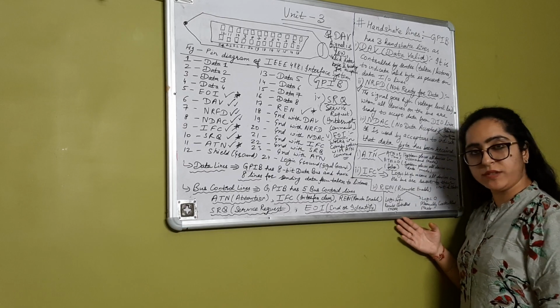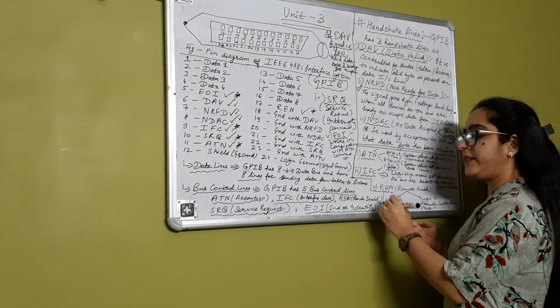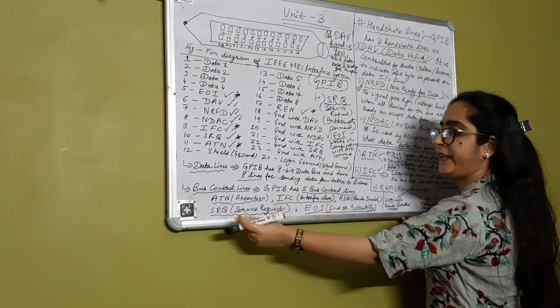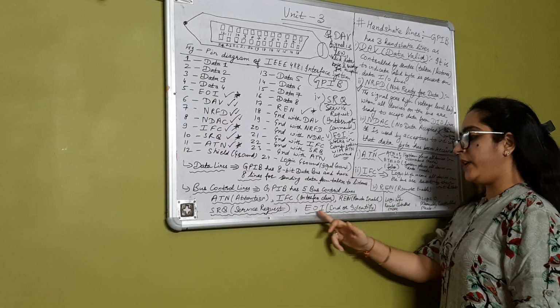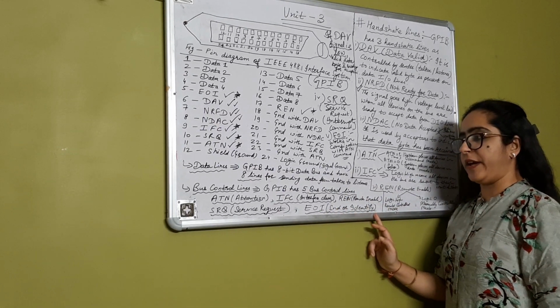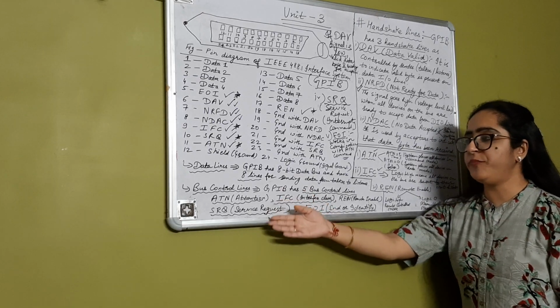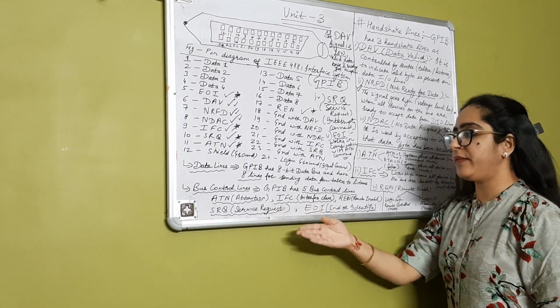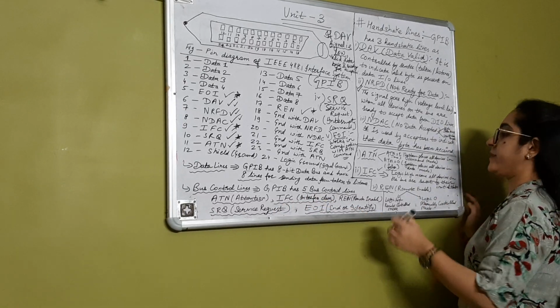ATN is attention, IFC is interface clear, REN is remote enable, SRQ is service request, and EOI is end or identify. So there are a total of 5 bus control lines, and one by one I will discuss the operation of these commands.